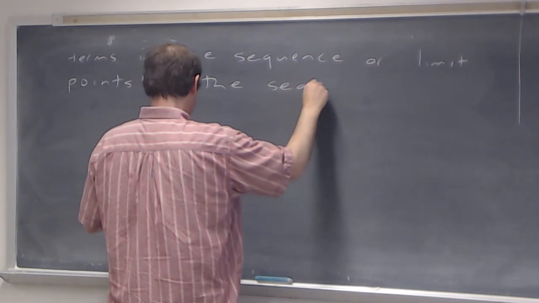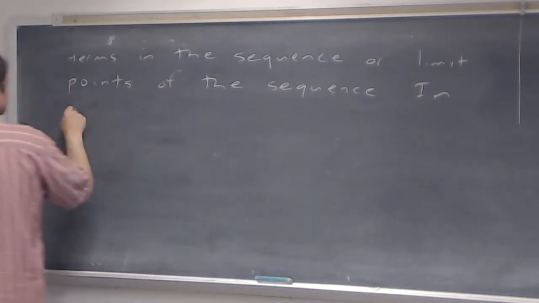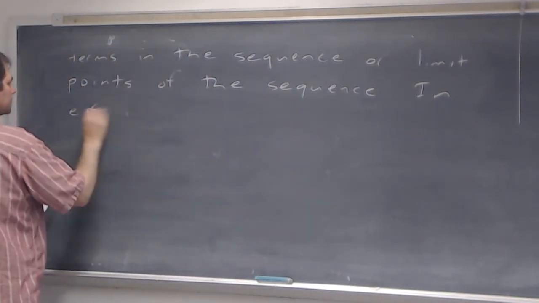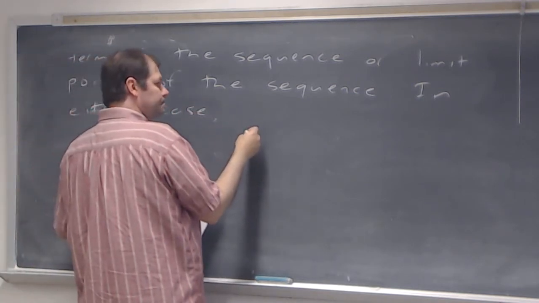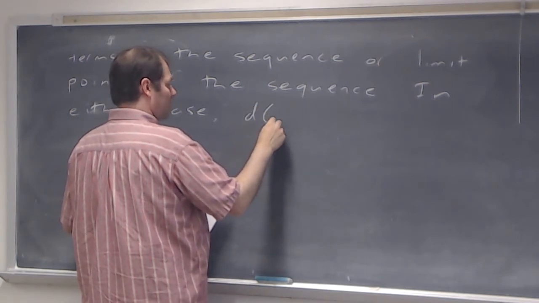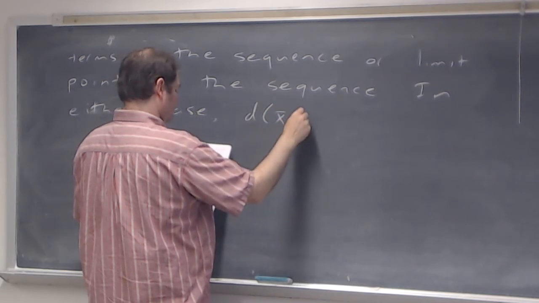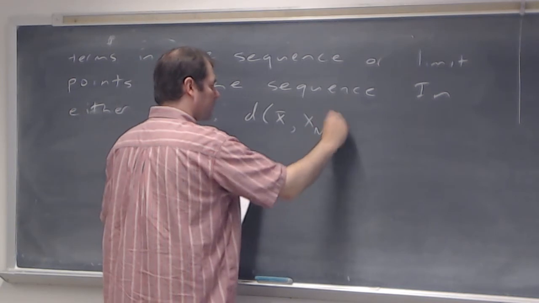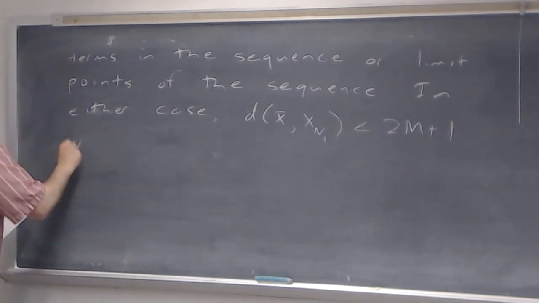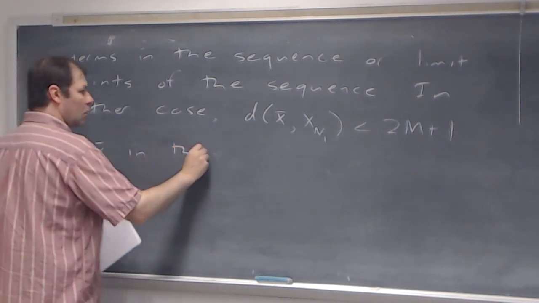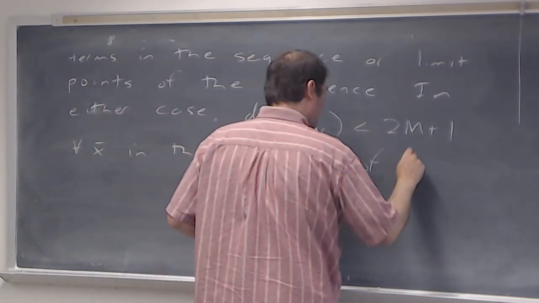In either case, the distance between that point, whatever they are, and x sub n sub 1, that's going to be less than 2m plus 1. And that's for all points in the closure of this sequence.